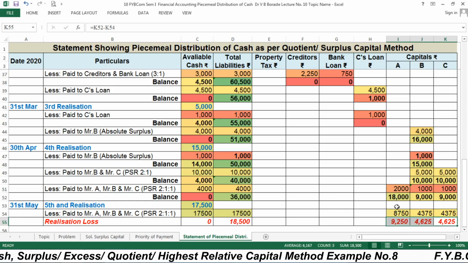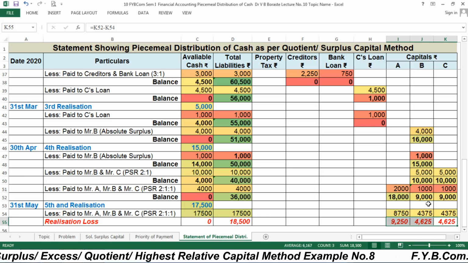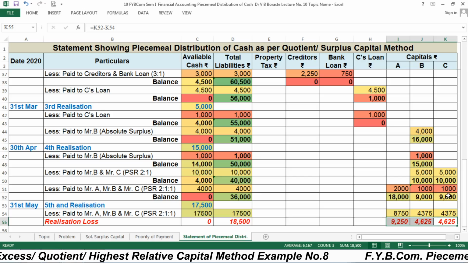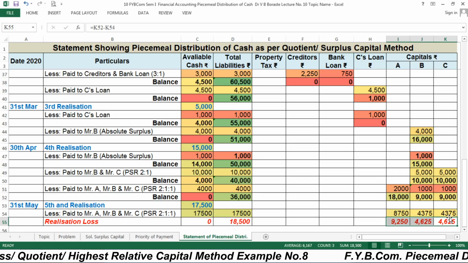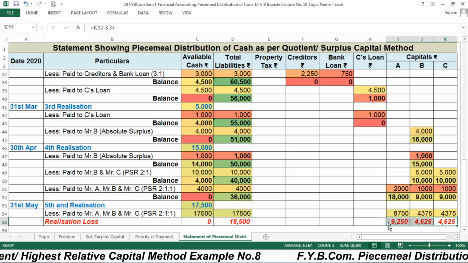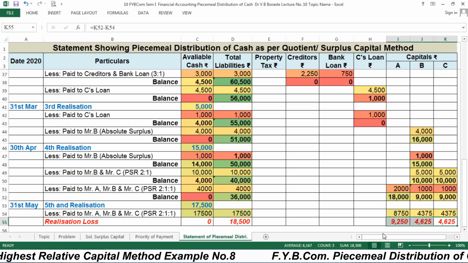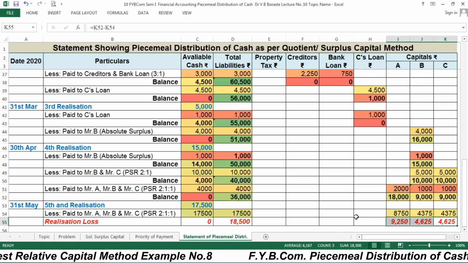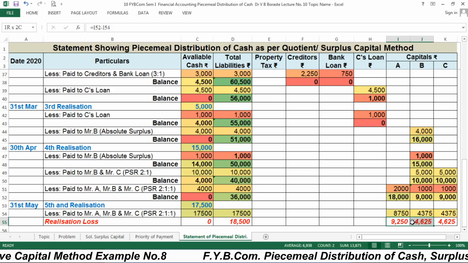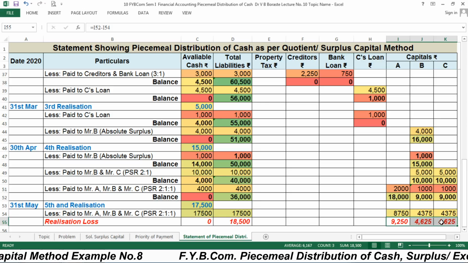The balance is 9,250. How it comes? 18,000 minus 8,750, 9,000 minus 4,375, and 9,000 minus 4,375. So 4,625 of B and C, and 9,250 is of A. So the total is 18,500. 9,250 plus 4,625 plus 4,625.